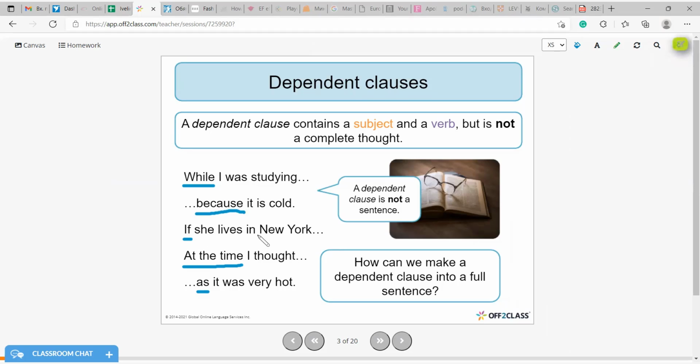If she lives in New York, she will find a nice apartment on 5th Avenue, and so on. So with dependent clauses, you need one more clause in order to make a full sentence.